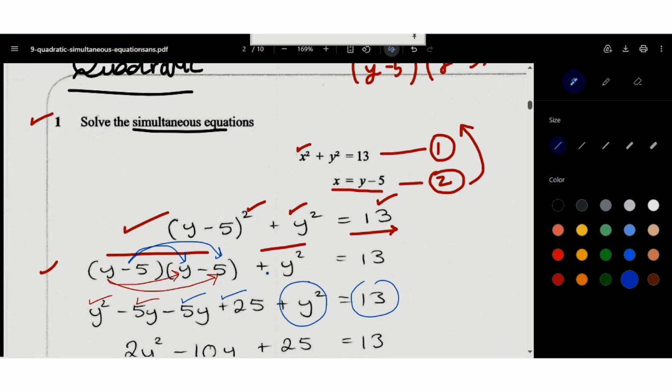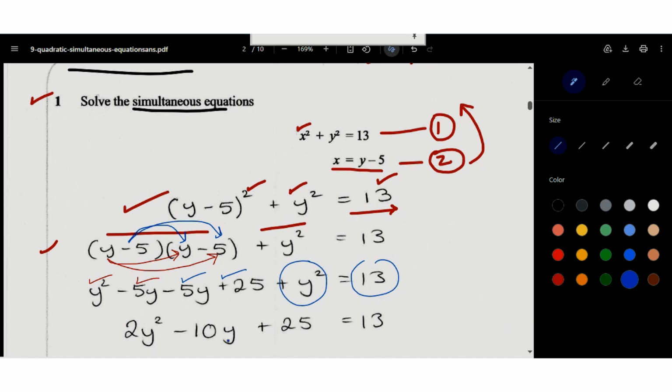After this step I move to the next one, and obviously I simplify. So negative 5y and negative 5y is negative 10y. This y squared and this y squared add up to 2y squared. Plus 25 is the same as it is here, the 13 is the same as it is here.